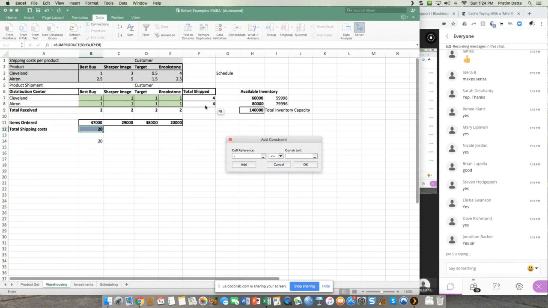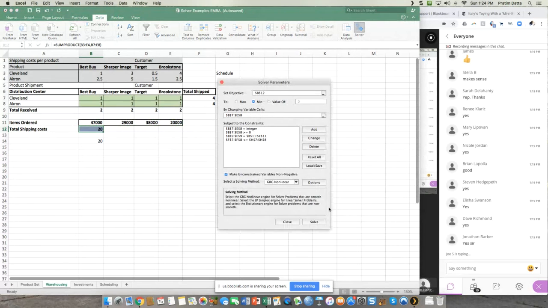And then the third one is that the total that we're shipping from each warehouse must be less than or equal to the total that the warehouse can hold. And of course, the last one is that the total that will be received by customers should be equal to the amount that they have ordered.